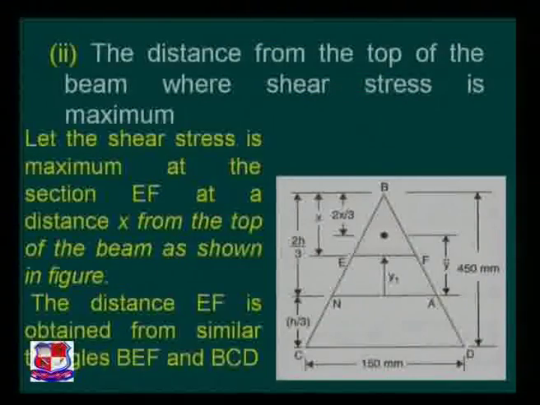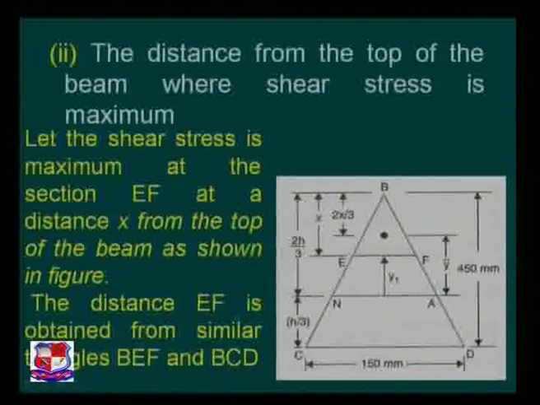So now refer to the PPT. Let the shear stress be maximum at a section EF at a distance x from the top. Refer to the figure. This is the section at distance x from the top. This is the layer EF, where we are assuming that this is the layer where the stress is maximum. We are assuming distance x.